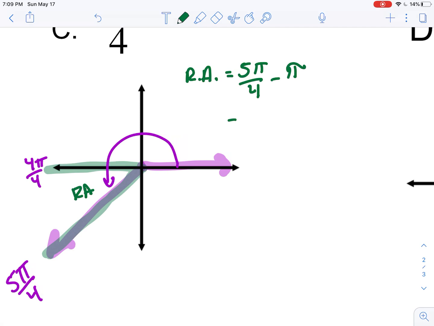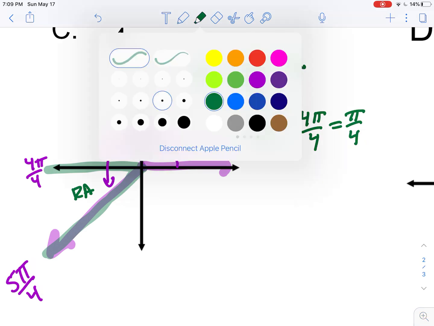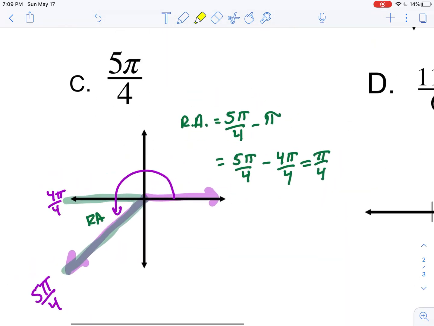With common denominators, that's 5 pi over 4 minus 4 pi over 4, which gives me pi over 4. Once again, it usually works out nicely, ending up being the denominator and the pi. So my reference angle is equal to pi over 4.